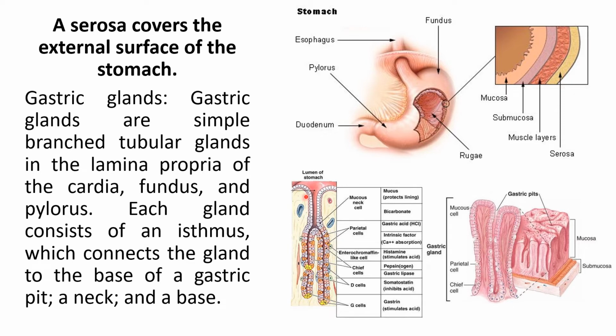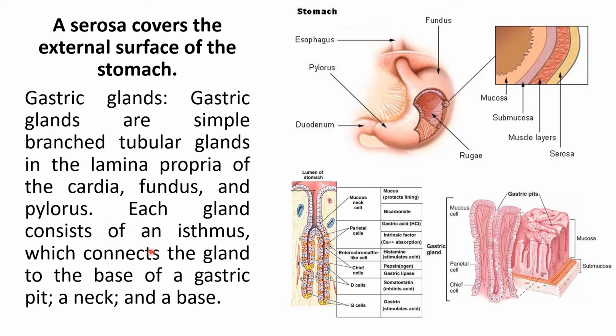Okay, there are no multiple layer cells, and they are tubular glands. They are tube-like as well as they are branched. You can see here the branching of the gastric glands. And they are present in the lamina propria of cardiac stomach, fundic stomach as well as the pyloric stomach.